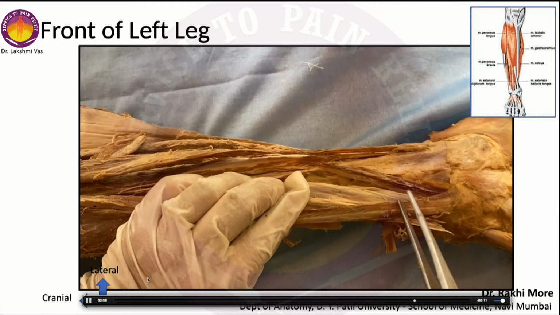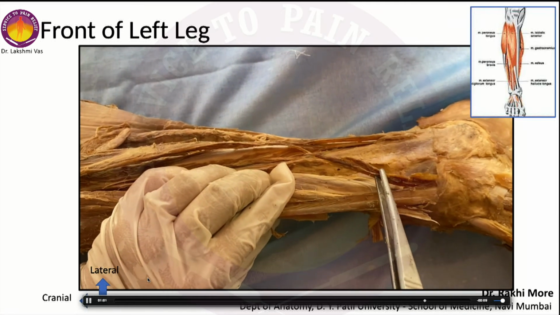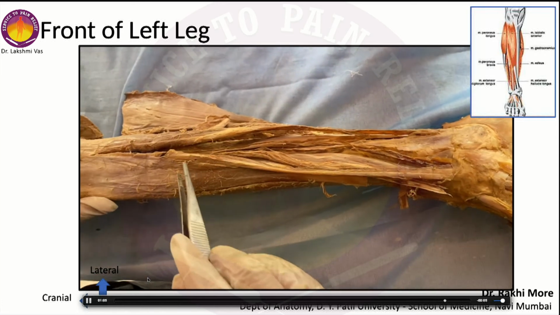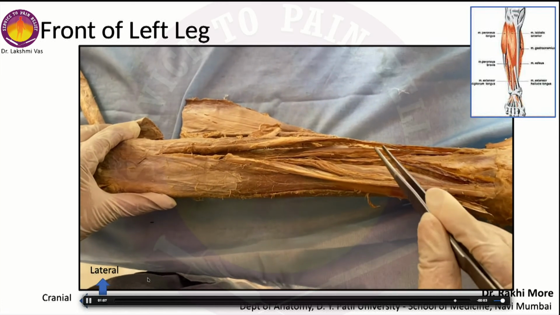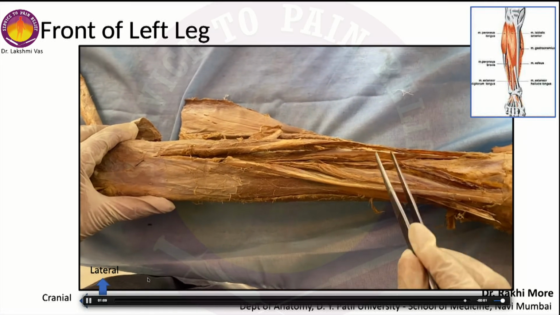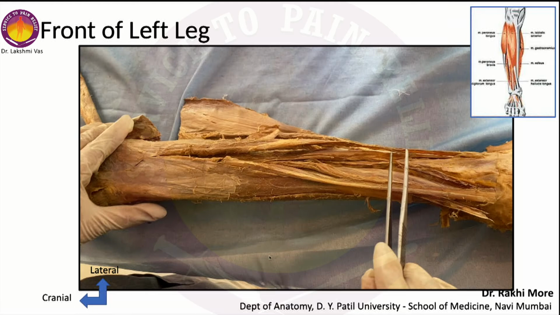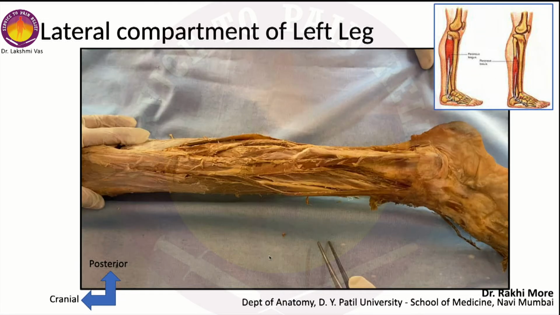So these are the 4 muscles in the anterior compartment of the leg. All of them take origin from the lateral aspect of the tibia and from the fibula. So these were the muscles of the front of the leg. Now we go to the next video which shows the muscles of the lateral compartment of the leg.